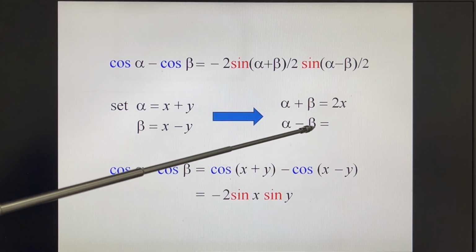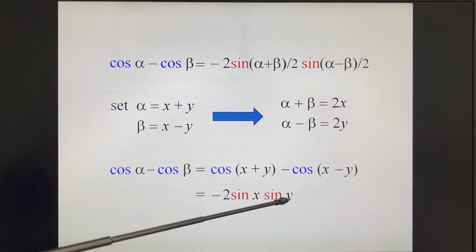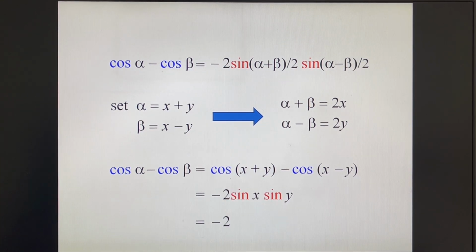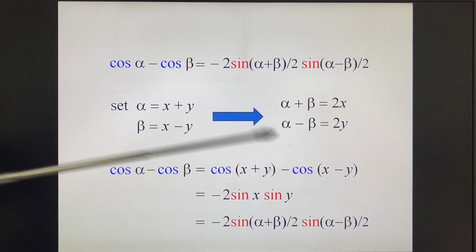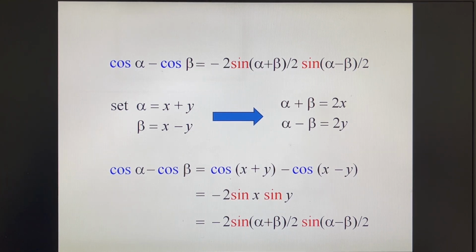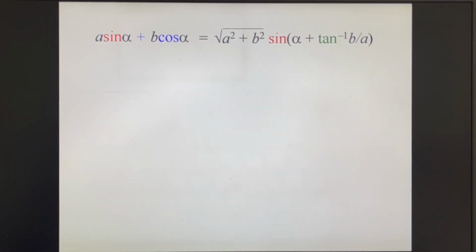So alpha minus beta equal to 2y, and y is half alpha minus beta. We put x, y in, we get this: minus sine half alpha plus beta, sine half alpha minus beta. This is exactly like above. That's all deduction. Okay? Last one.